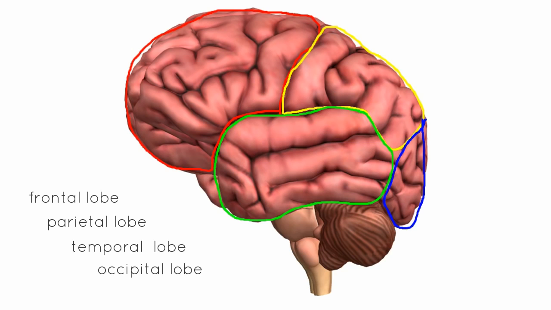The temporal lobe is important in memory, language, emotion and hearing, and the parietal lobe acts as a sort of integrator of sensory information, so it receives and processes sensory information, and the occipital lobe sitting at the back is responsible for vision. So that's a very crude overview of their functions, but it gives you an idea that different lobes have different functions.